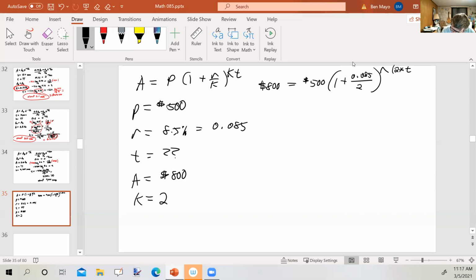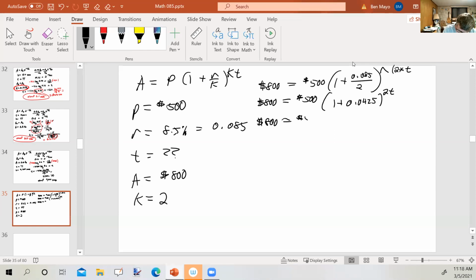I'm going to have to isolate t. So because of that, let's do some simplification first of all, if we can. If I take 0.085 divided by 2, I get 0.0425, and that's all to the 2t power.